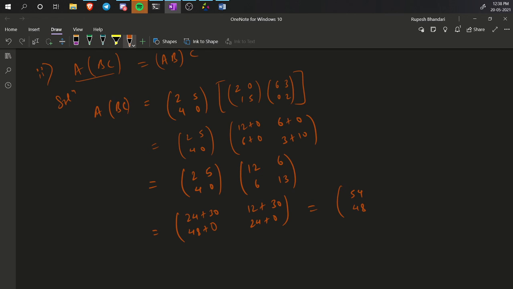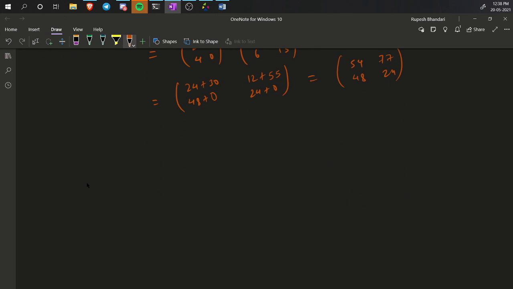And then this will be 12, and then 13 into 5 should have been something else here. So 77 should be over here, 24 should be over here, right? So this is our (AB)C, right? That's how it is. Let's solve for the other one.